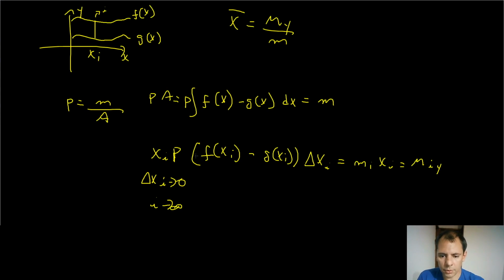So it's the sum of this from i equal to 0 to infinity, where i goes to infinity and delta xi goes to 0. So it'll just be the integral of x times f of x minus g of x dx.